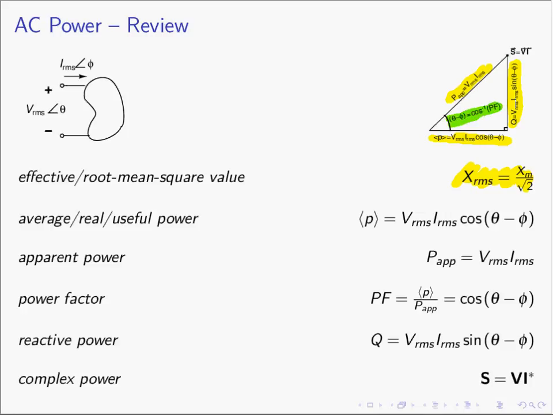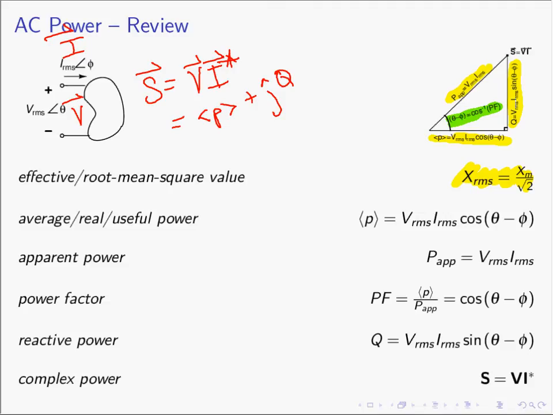Or if you have the voltage phasor and the current phasor for a particular circuit element, you can then compute the complex power, which is V times I complex conjugate. And when you do that, it's going to be a complex number. If you view it in rectangular form, it's going to be average power plus j reactive power. Or if you view it in polar form, it is apparent power angle theta minus phi.